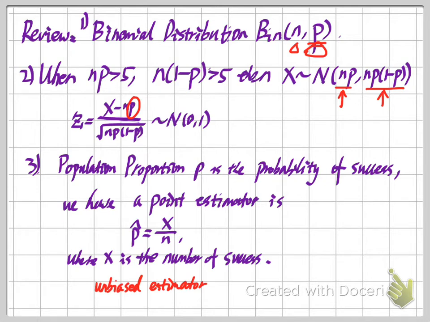Okay, so now we already have this equation, and we want to talk about how to compute the confidence interval. The idea of a confidence interval is similar to our previous question. What we want is, for a probability, to get a left endpoint and a right endpoint such that our population parameter is inside this interval, and the probability of this happening is 1 minus alpha.